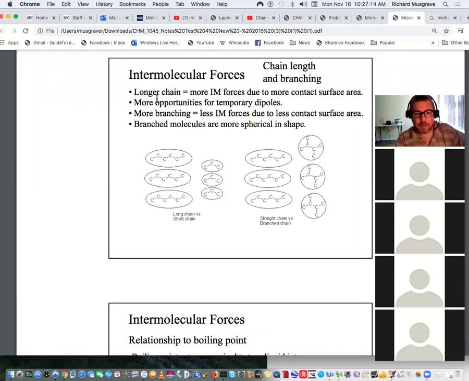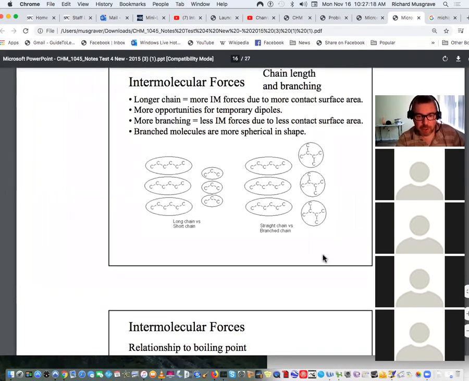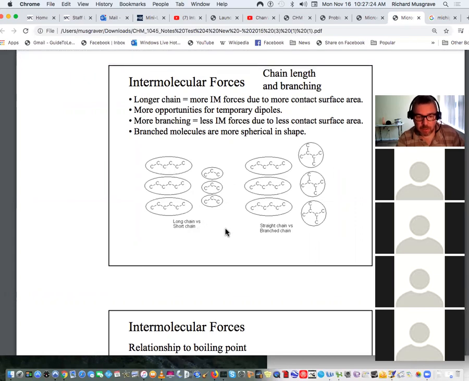The other things that are going to influence intermolecular forces are what I'm calling chain length and branching. With chain length, this will make some sense: we've got long chain versus short chain. With long chain, you're going to be able to have more surface contact between the molecules than with short chain.